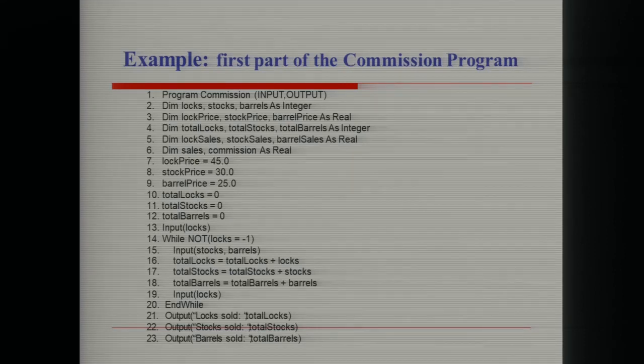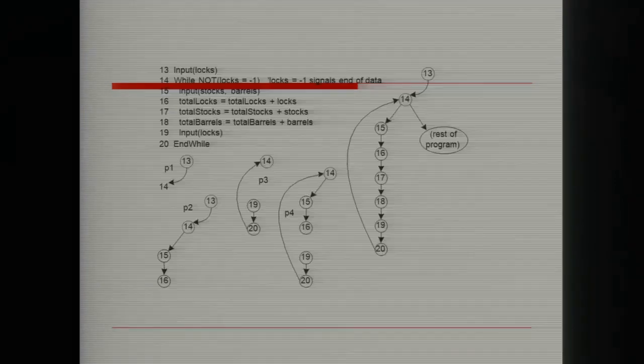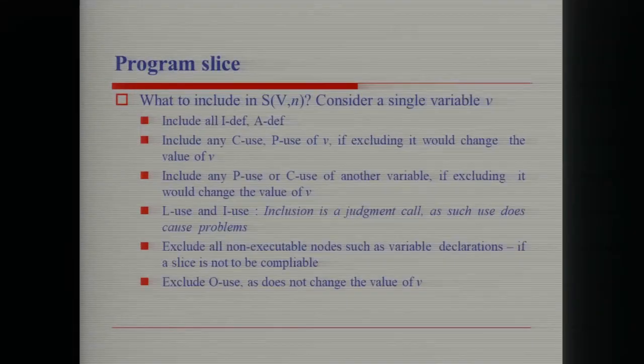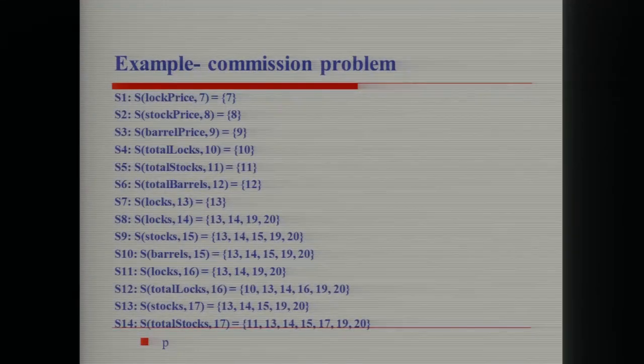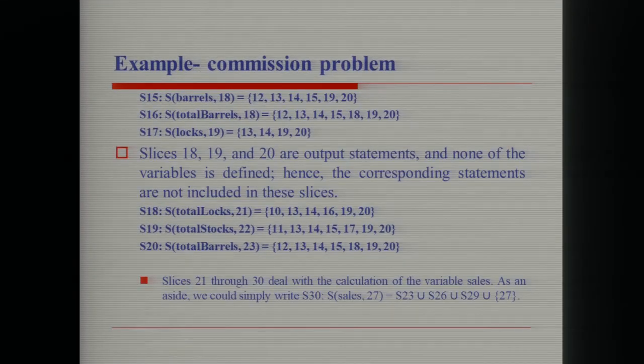And when you have the total logs, the 16, right? And the 19, 20, that will come in the total logs part. In the statement number 21, okay? So similarly, total stock in number 22 can be done. Total barrel in 23 can be done.